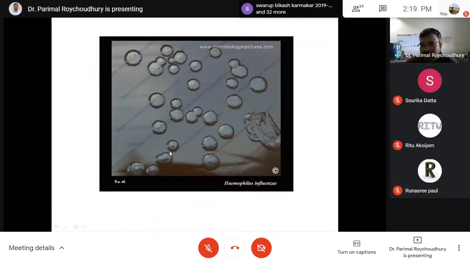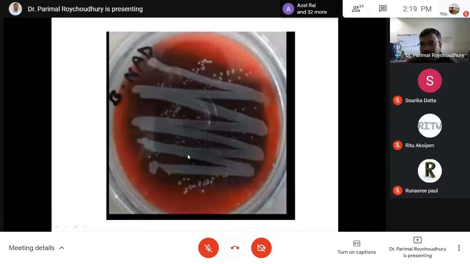This is the highly fastidious Haemophilus influenzae bacterium, which produces dewdrop-like colonies. This is a zoomed image of the very small colonies they produce on chocolate agar media. The glistening appearance is a criterion that we consider for identification. Now, these are again randomly inoculated organisms.